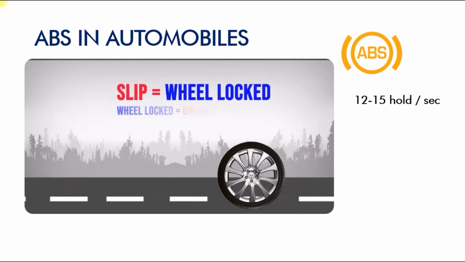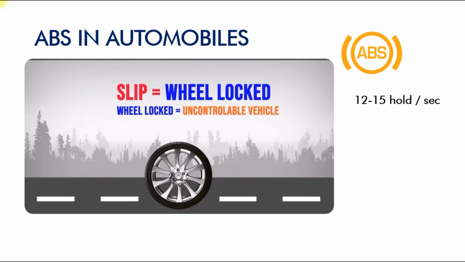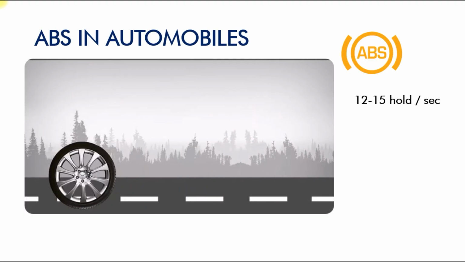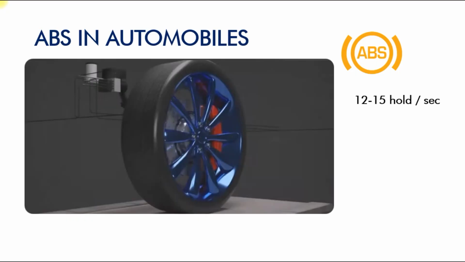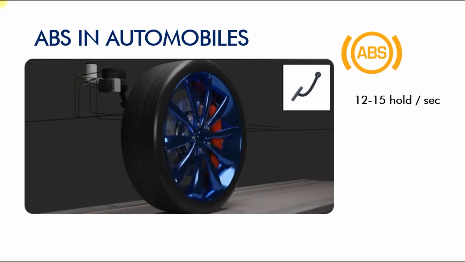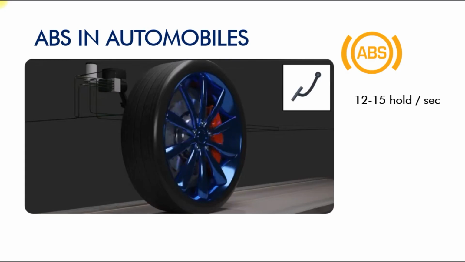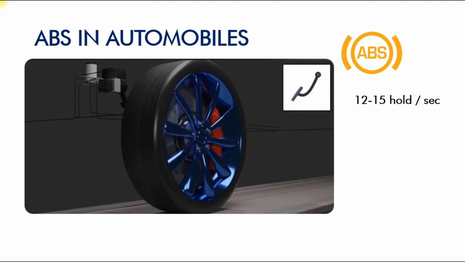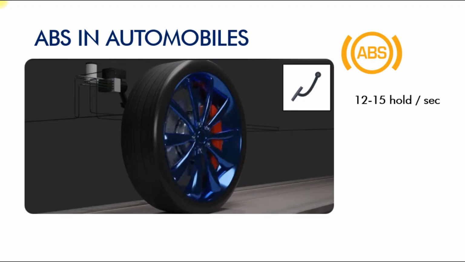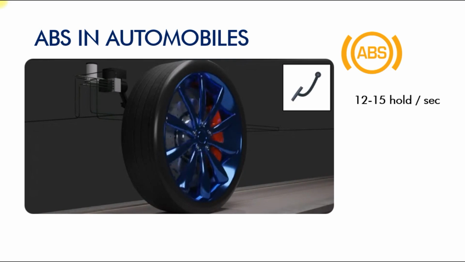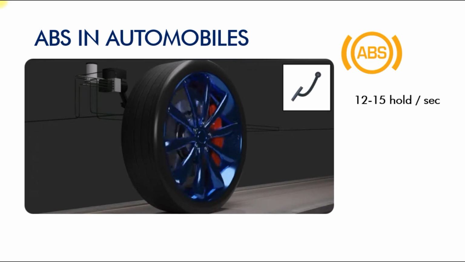Actually the wheel is getting locked, so the movement of the inertia of the entire vehicle body is uncontrolled. When you apply the brake as a pulsed brake, I mean brake hold, unhold, hold, unhold, likewise we can give a pulsed brake and avoid this skidding effect.